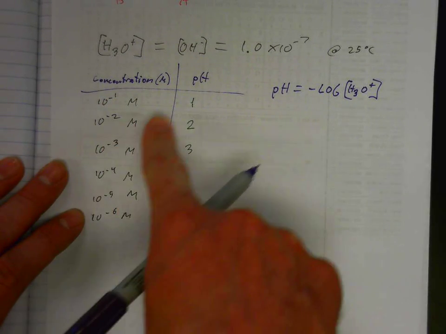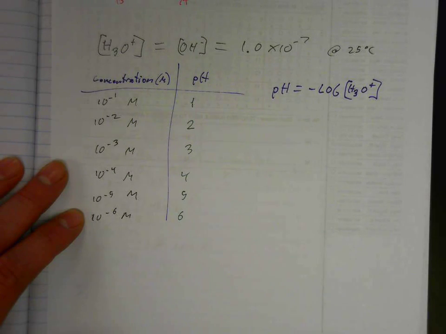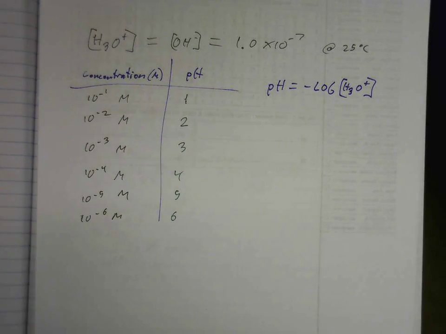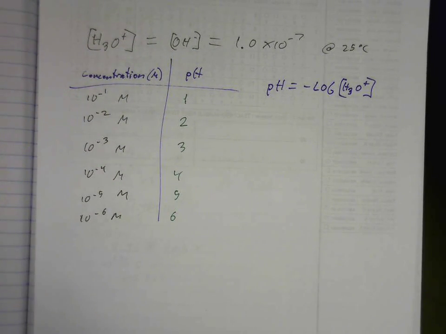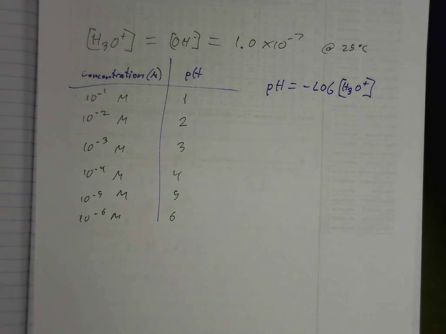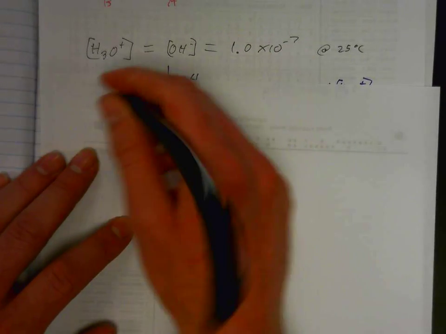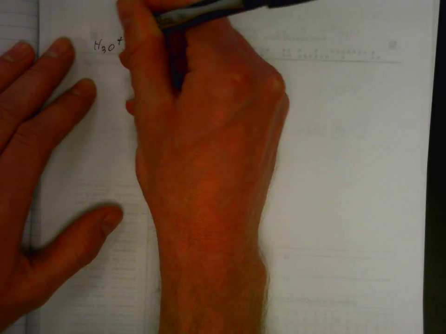So what if our hydronium concentration, H3O plus, is 1.0 times 10 to the negative 12 molar.